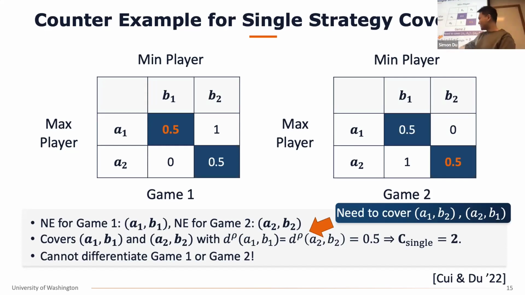In this example, it's just like the behavior policy chooses A2, B2 with probability 0.5. It's the policy ρ that generates a data set, and this policy will choose A2, B2 with probability 0.5, so the distribution is d^ρ(A2, B2) equals 0.5.